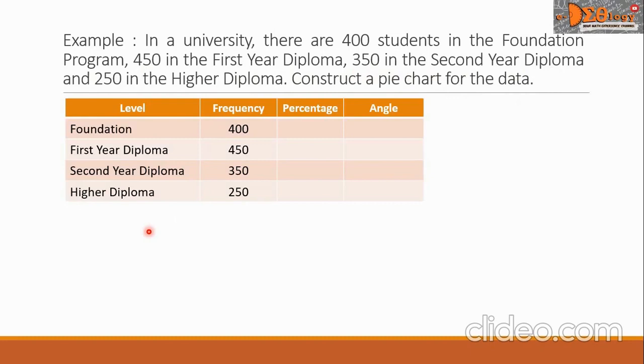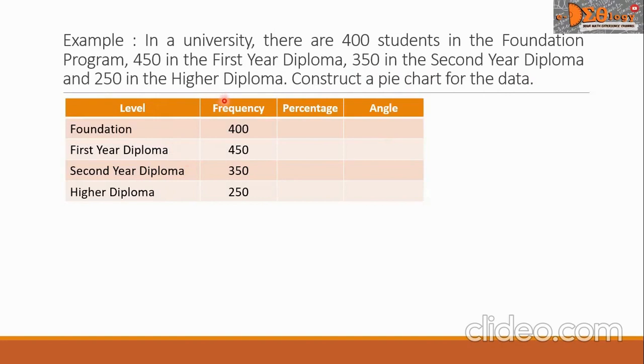It is advisable that we put the data in a table. I have here a table with 4 columns. The first column is reserved for the level, and the levels are foundation, first year diploma, second year diploma, and higher diploma.